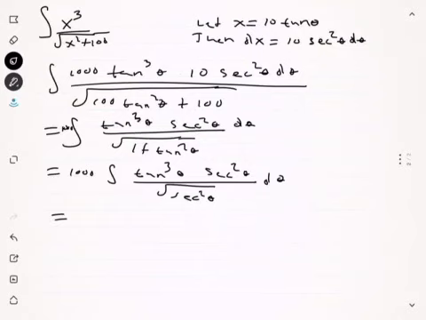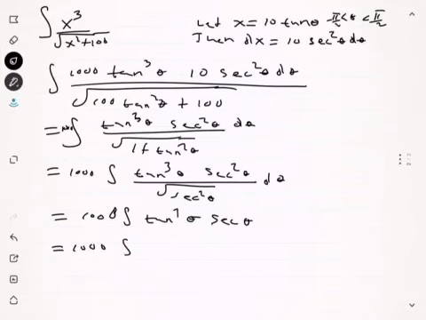So then eventually we get 1000 times tangent cubed theta secant of theta, since when you take the square root of secant squared you get secant, which is positive, and in this case theta still goes from minus pi over 2 to pi over 2. Anyway, then we're going to save a secant tangent from this integral.